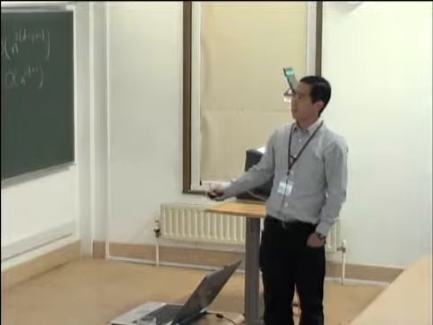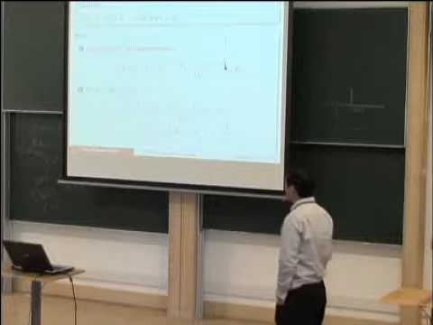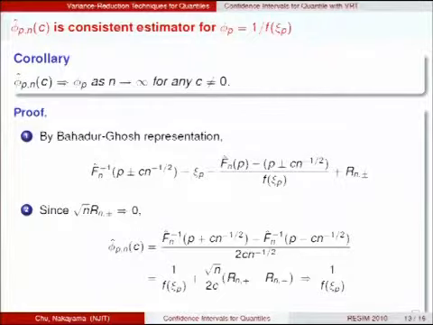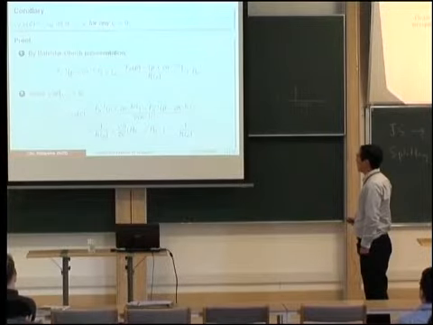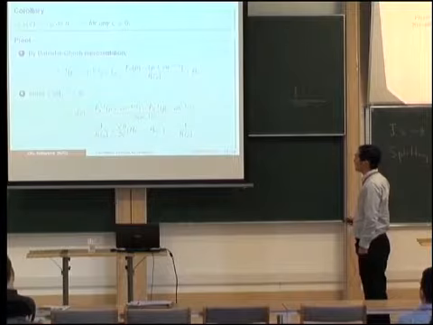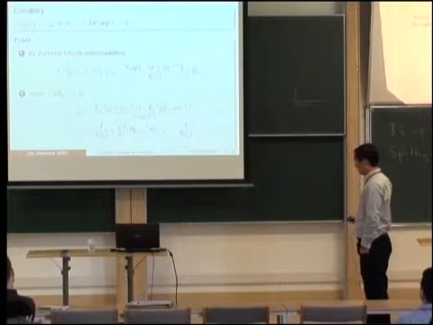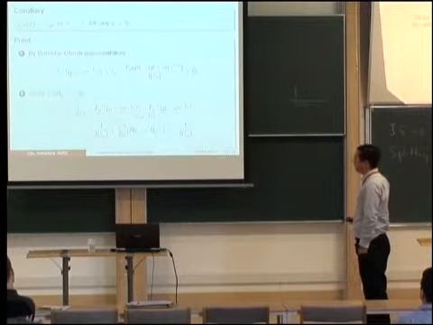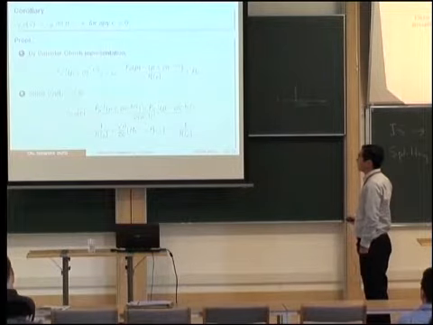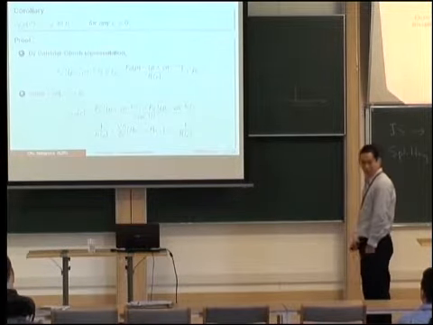So let's think about why this is a consistent estimator. We have this finite difference estimator over here. This is the estimated CDF, and we invert it at 2 different points. Since this is basically a quantile, the p plus c times n to the minus 1/2 quantile, because that's just a quantile estimator, it satisfies a Bahadur-Ghosh representation.